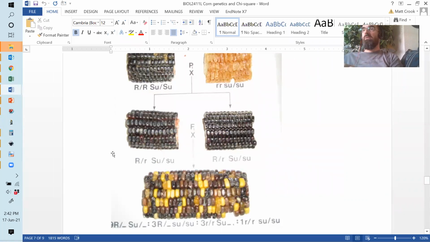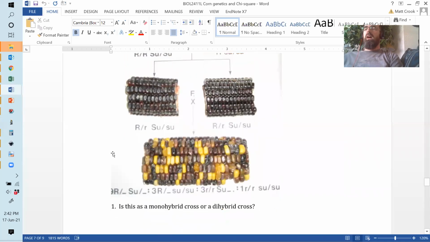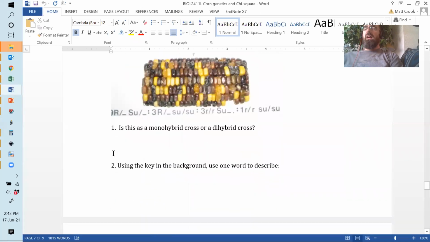It's actually written for you here. It's not hard. And the phenotypes will be in ratios, which are also given here. Maybe one day I'll block that off, just make it a little bit harder. But based on what you know about Mendelian inheritance in monohybrid and dihybrid crosses.